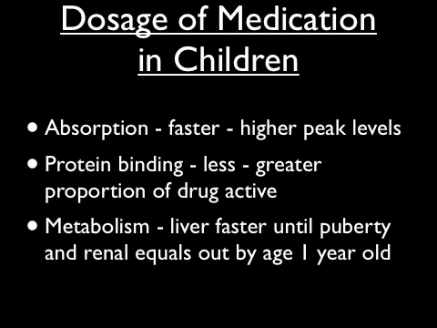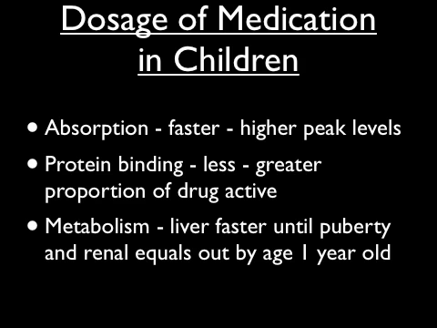The absorption of medication in kids is faster, and it peaks quicker. So the medication seems to kick in faster in children. With protein binding, there's less, so there's a greater proportion of the drug that's active in certain medications that have to do with protein binding. Not all medications depend on protein binding. And then metabolism.